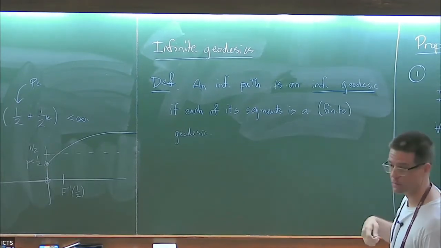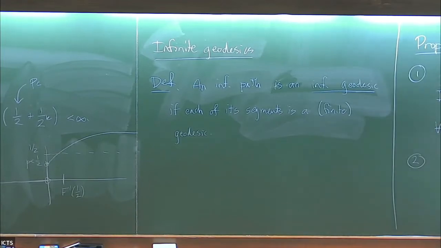Okay, so the first question about infinite geodesics: how many are there? Is there even any such thing? Of course, you can make any definition you want. It doesn't mean that that thing has to exist.